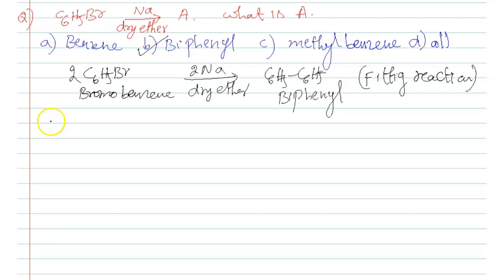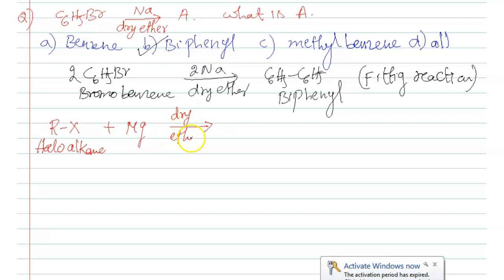So, continuation of reaction with the metal. Up to now we discussed reaction with sodium metal. Now we are going to discuss reaction of haloalkanes with the magnesium metal. This is continuation, students, for the reaction with the metal. So RX plus Mg in presence of dry ether.